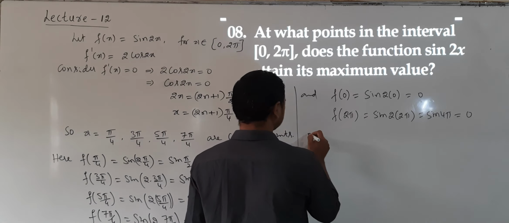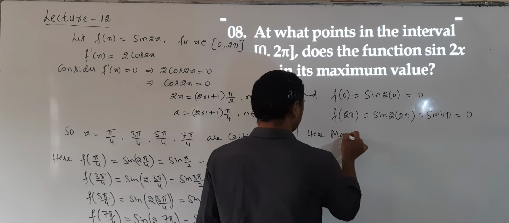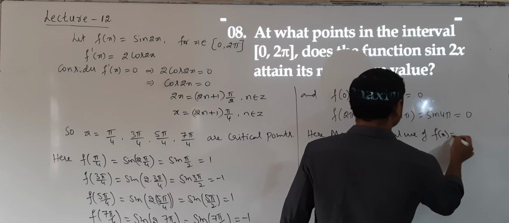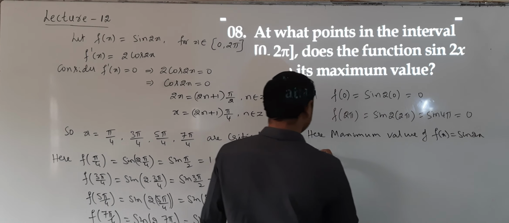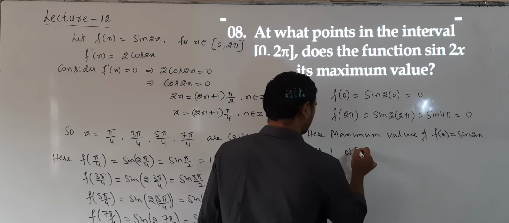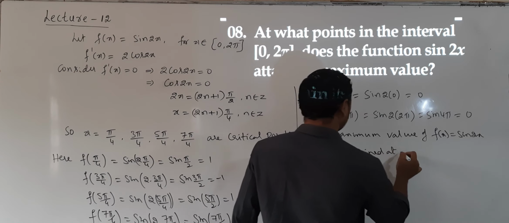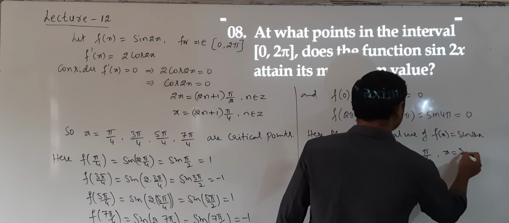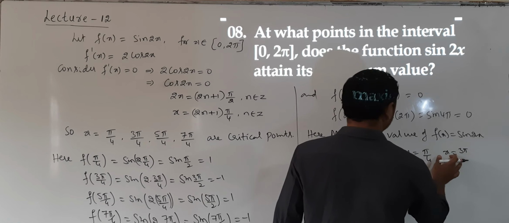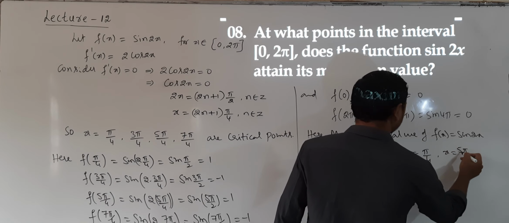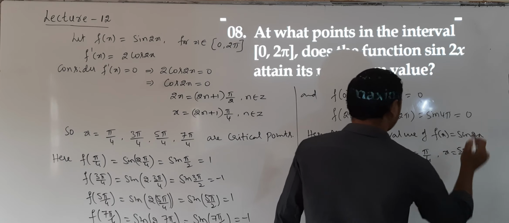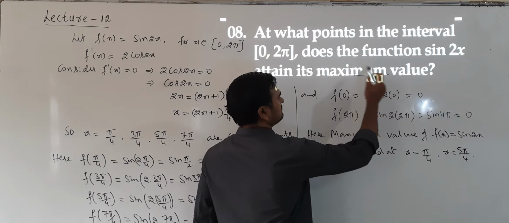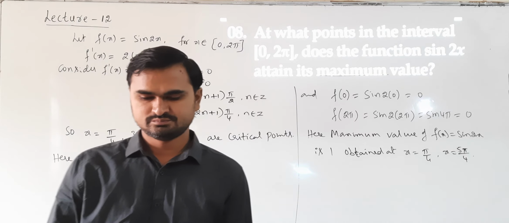So here the maximum value of f of x equal to sin 2x is 1, obtained at x equal to pi by 4 and x equal to 5 pi by 4. At these 2 points we get the maximum value. We are asking only about the maximum value, so we don't have to write about the minimum.